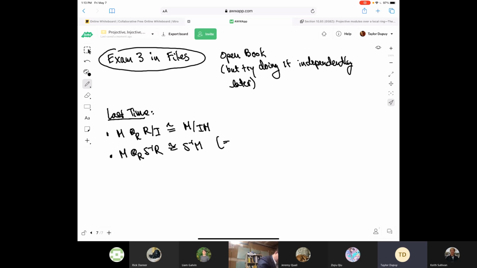And this implies S inverse R was a flat R module. Okay, so it's a ring, but you can view it as a module. That's because localization respects exact sequences. So localization commutes with everything. It's super nice.